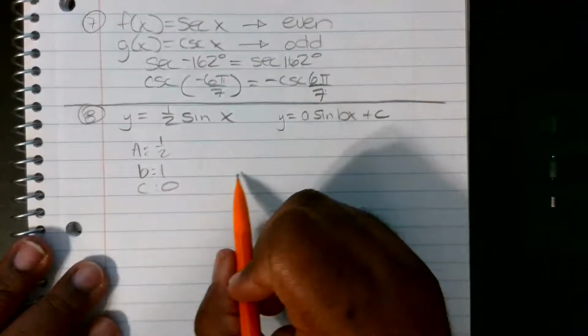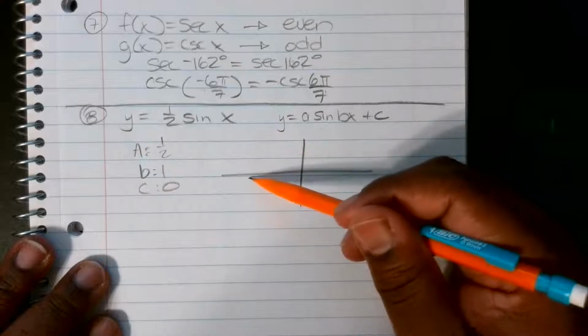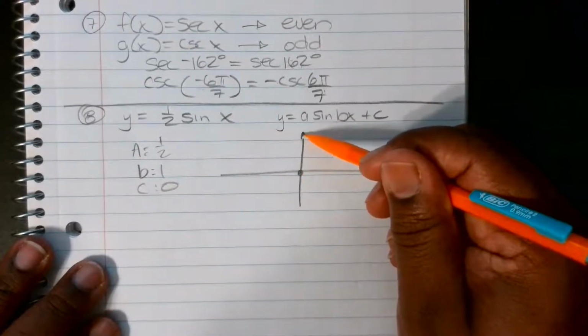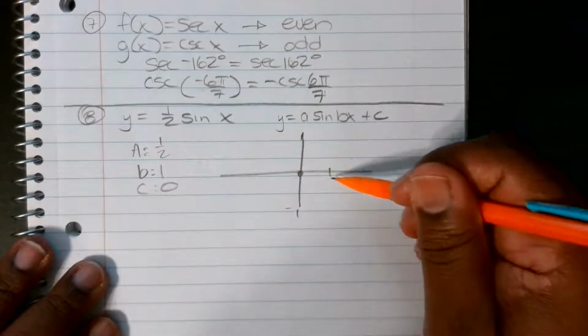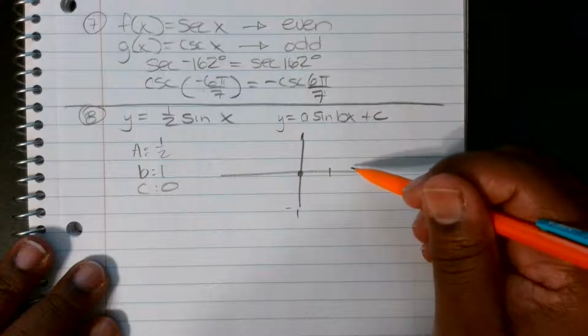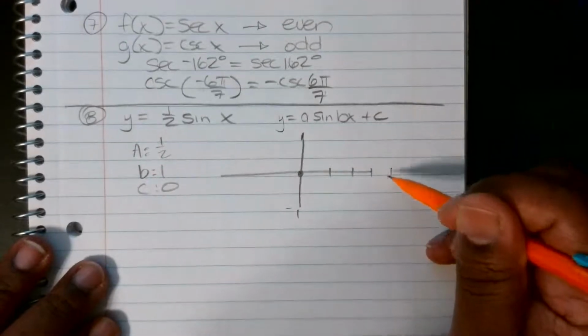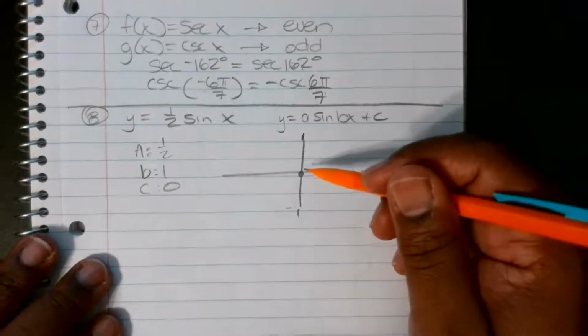So when you're graphing it, normally, if that's the origin, and this is 1, and this is -1, you go out to 2 pi. Sine of 0 is 0.